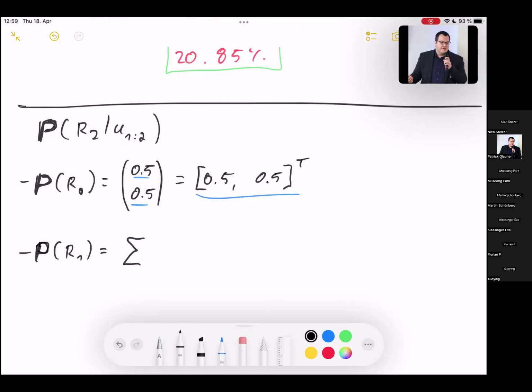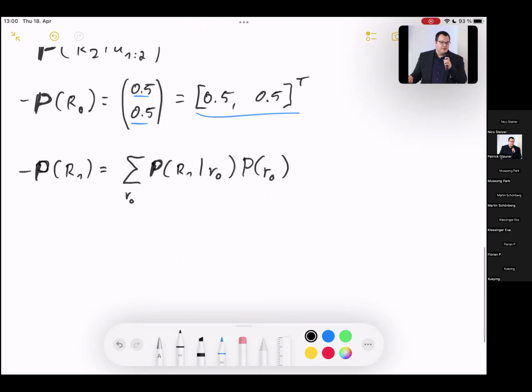I say, well, I'm going through whether there was rain or not in R0, and I have my distribution of whether it rains in R1 given what I knew before in R0 times P of R0. So this falls out as a special case from these very generic equations we have seen before.